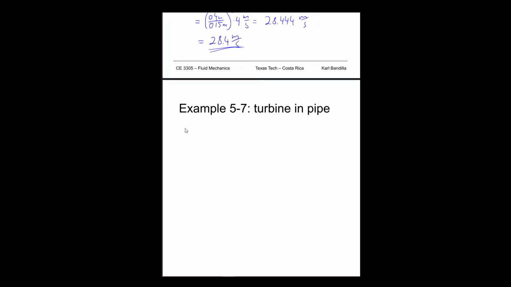That's going to look something like P in over gamma plus V in squared over 2g plus Z in plus H pump is equal to P out over gamma plus V out squared over 2g plus Z out plus H, let's just do turb for turbine, plus our head loss. That's our general one.